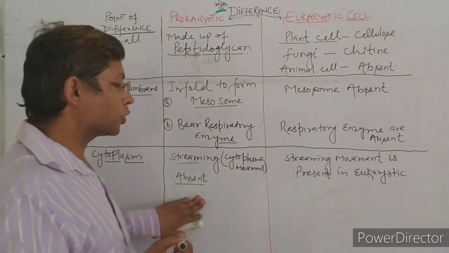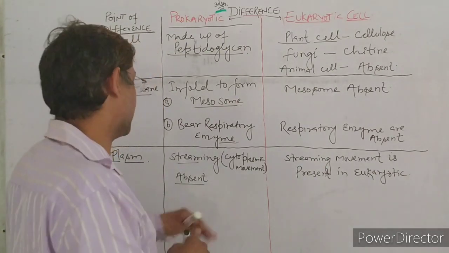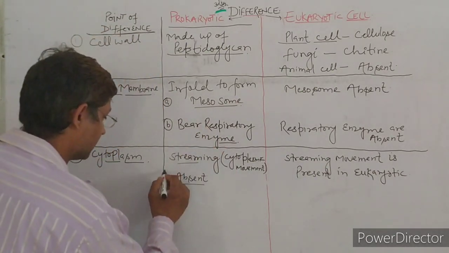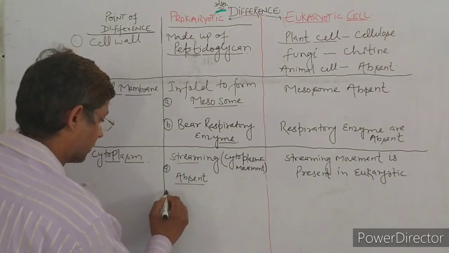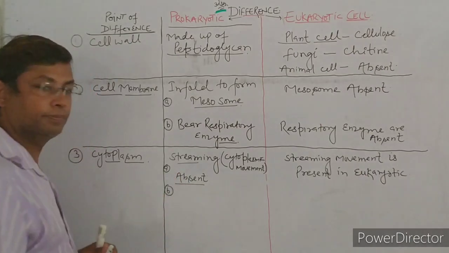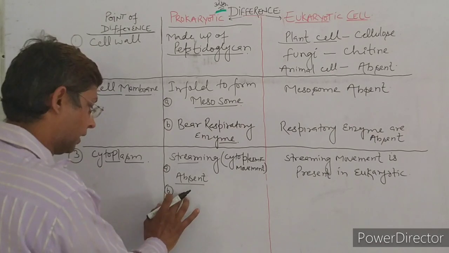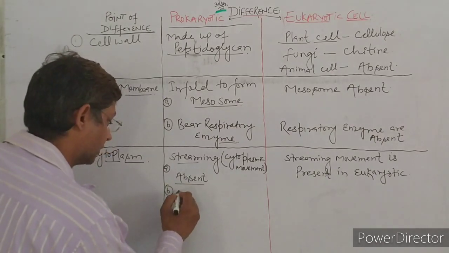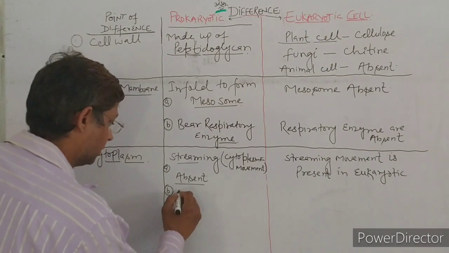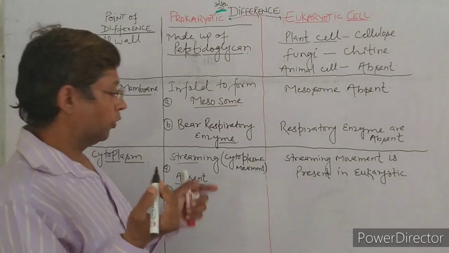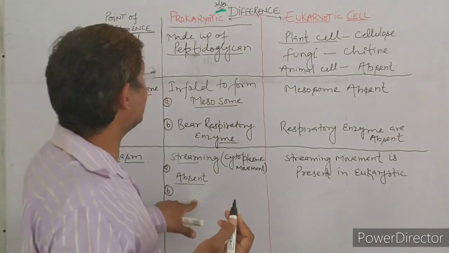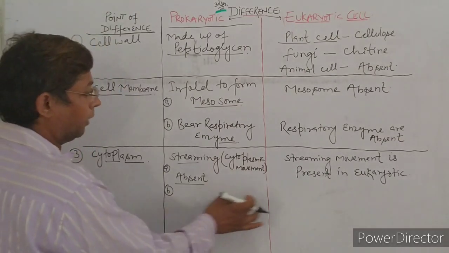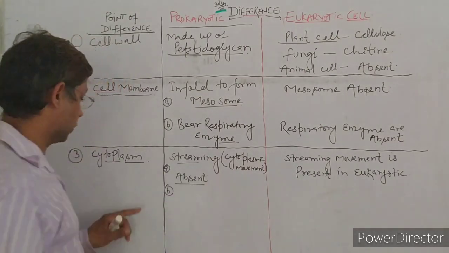The next difference, which is also seen in the cytoplasm, is that the cytoplasm contains cell organelles, which are absent in prokaryotes and present in eukaryotes.